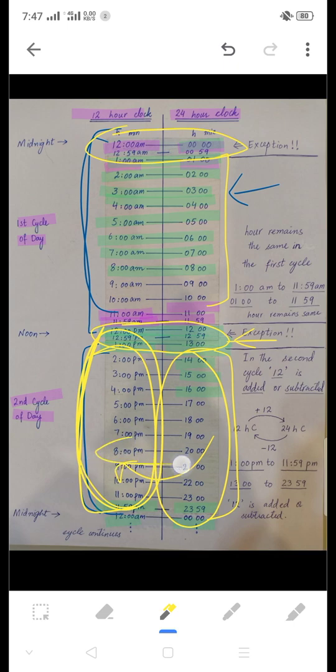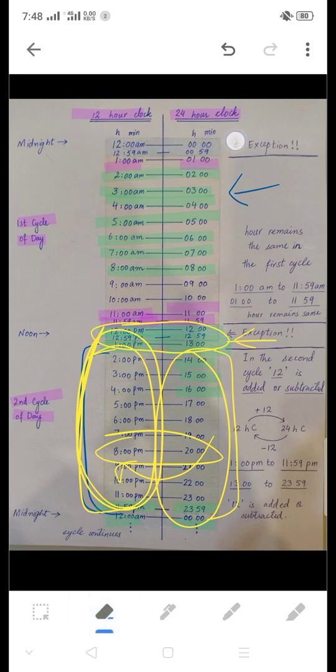For example, see this one, 20 minus 12 is 8. So if you are going from 12 to 24, 12 is a smaller number, 24 is a greater number, you need to add 12. But if you are going from 24 to 12, you need to subtract 12.